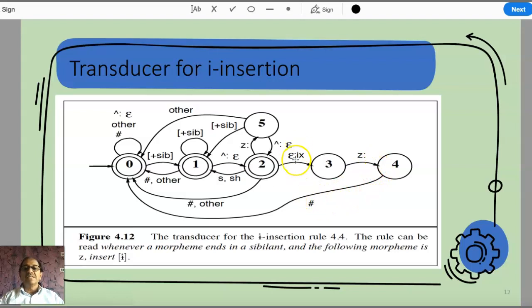So e is inserted when it is preceded by an empty, which is actually created by a rule that morpheme boundary changes to empty, and then followed by a lexical z, then e is inserted. This is your transducer for e insertion.